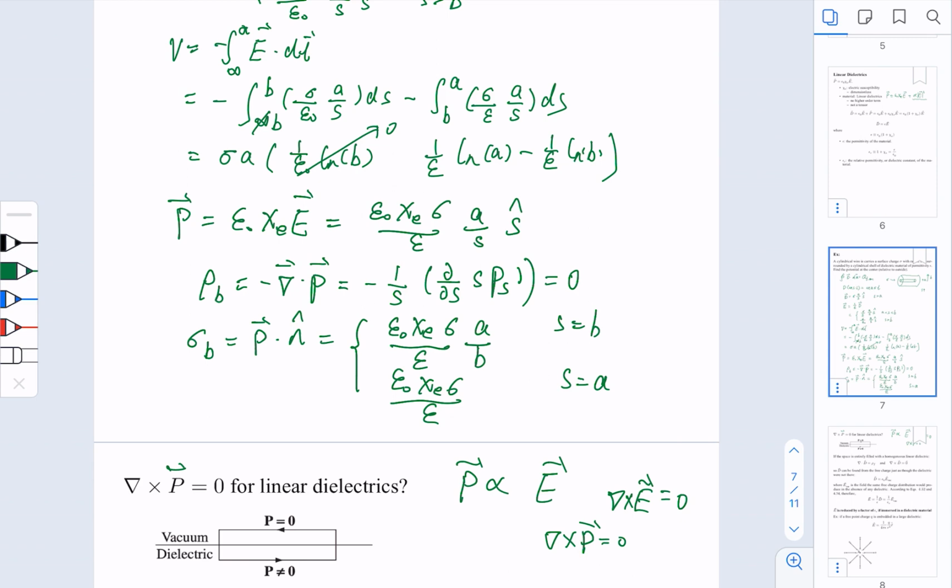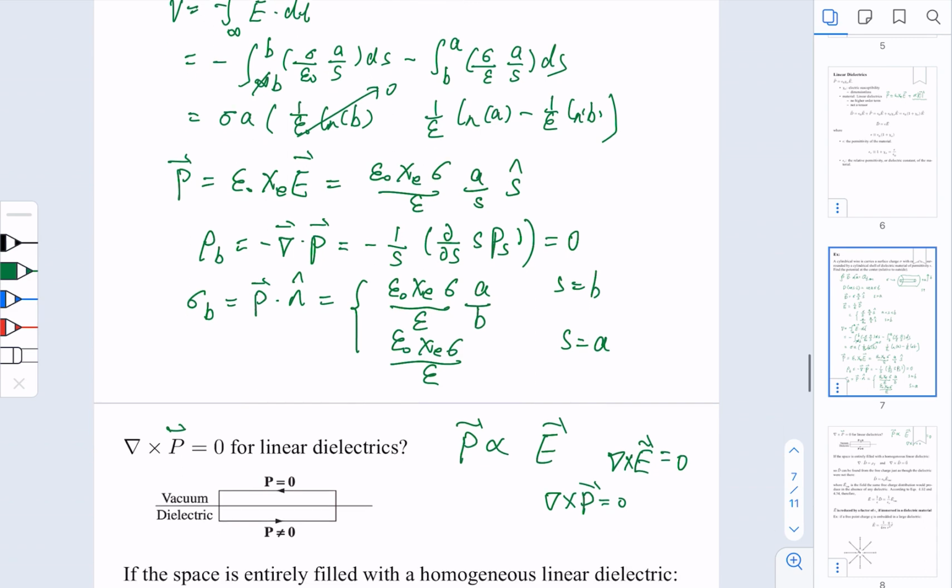Okay, so the answer is again no. Indeed, inside the material and outside the material, del cross P is exactly 0. However, along the edge, del cross P might not be 0.